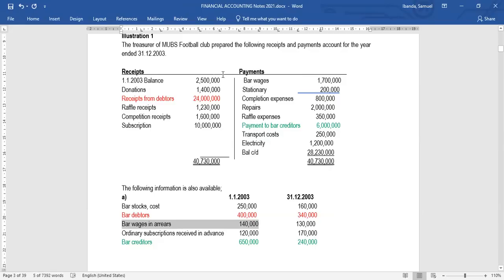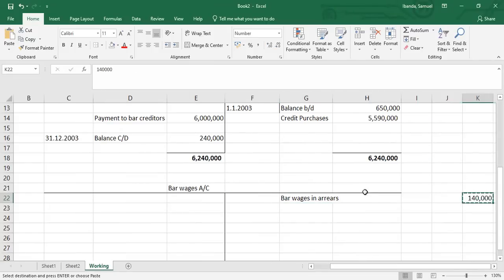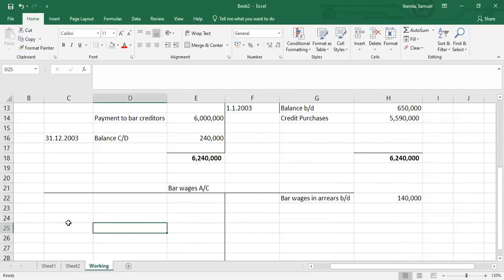So when I come here, this is 140. I'll bring it nearer here. These are bar wages in arrears, and I'll call it balance brought down. Then I'll have the other right here, the closing figure.